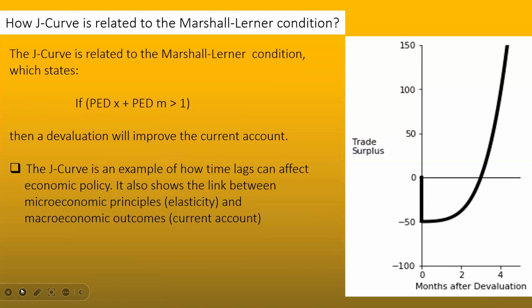The J-curve is related to the Marshall-Lerner condition, which states if PEDX plus PEDM is greater than 1, then a devaluation will improve the current account. The J-curve is an example of how time lags can affect economic policy. It also shows the link between microeconomic principles and macroeconomic outcomes.